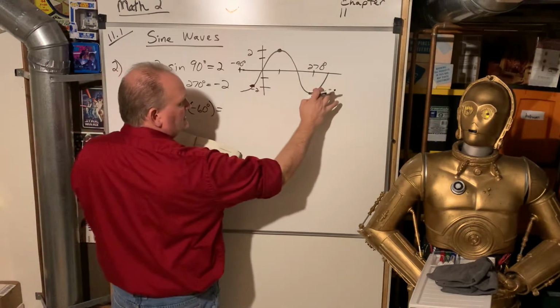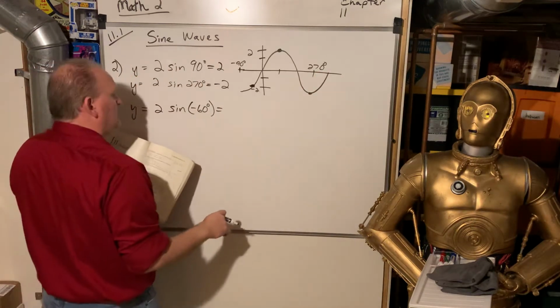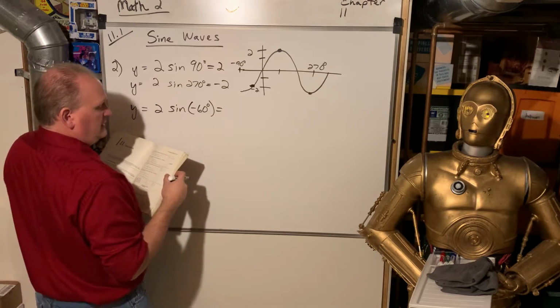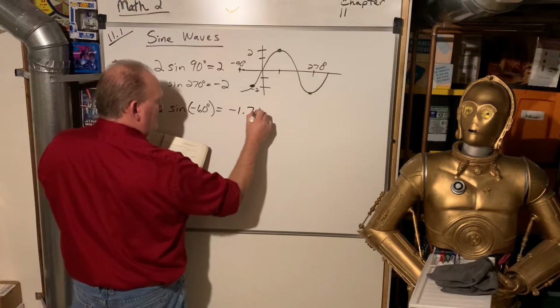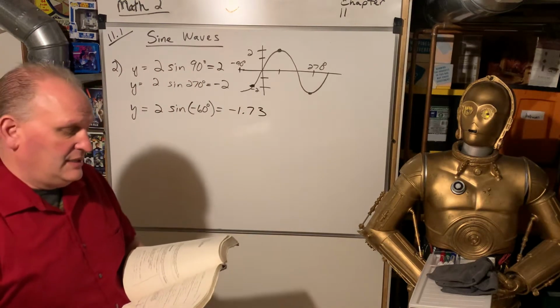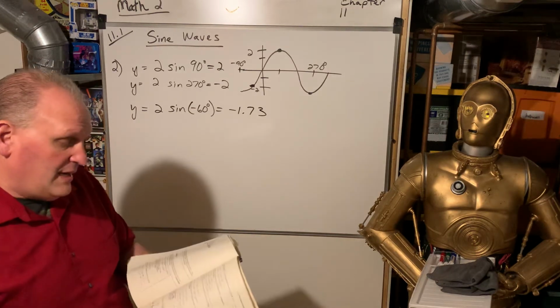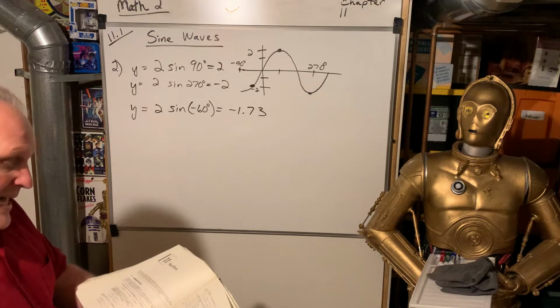If we added 360, it would be the same as right there, 300 degrees. But you pop that in, and your calculator kicks out -1.7, and it goes on more than that. We'll just go to the hundredths place. It said 2 decimal places if necessary, so -1.73. All right, that is number 2 on page 475.